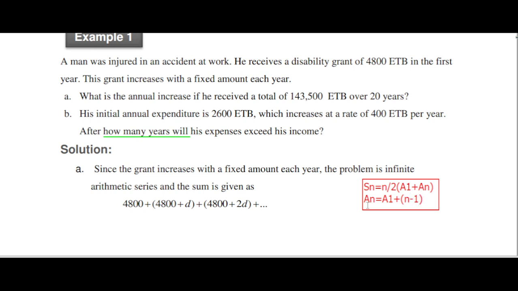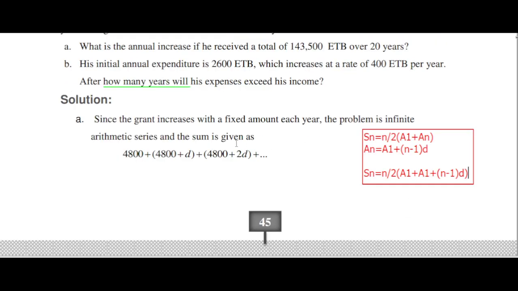Now let's replace this here. So Sn is equal to n over 2 times a1 plus a1 plus n minus 1 times d. This is the formula for the nth term partial sum, the sum of the nth term partial sum.